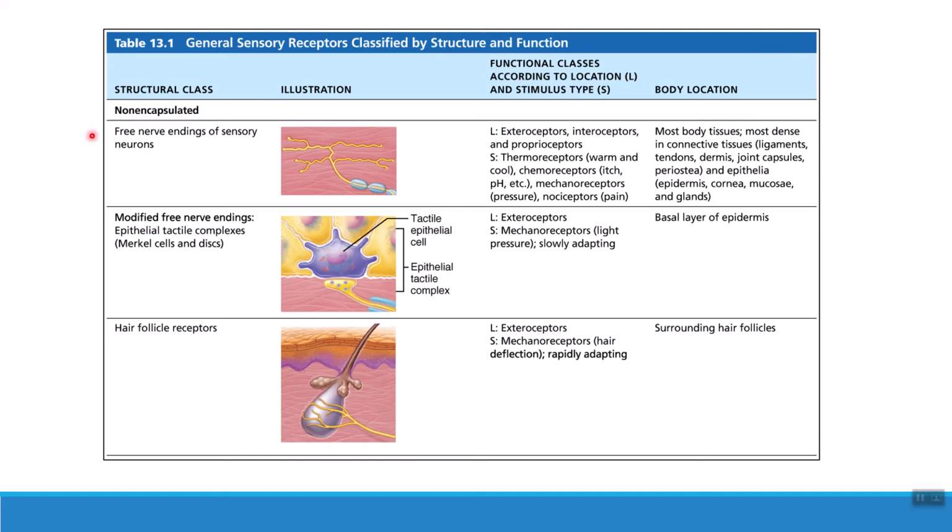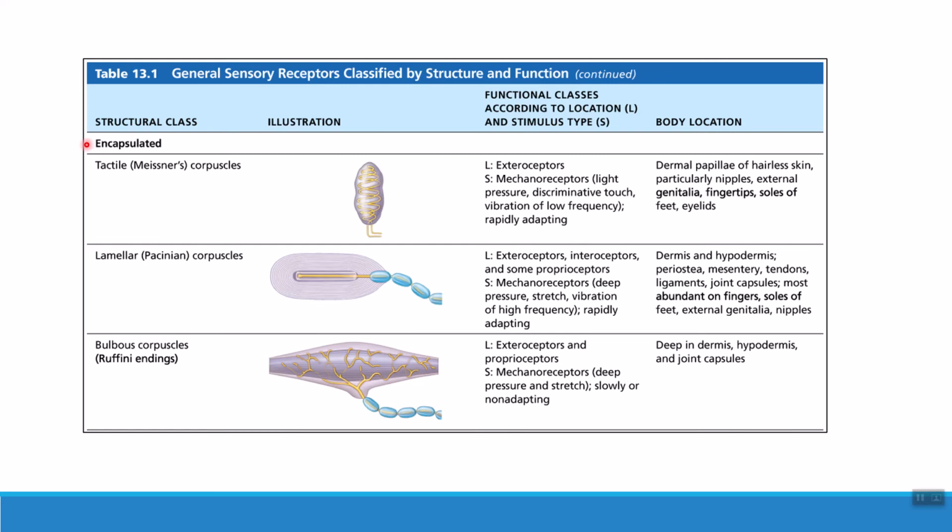So things like free nerve endings, hair follicle receptors: no capsule, nothing wrapping around it. Here are the different kinds of functions that each of these receptors can do. Notice we also have encapsulated receptors as well. These were things like the Meissner's corpuscles, the Pacinian corpuscles. Again, structural classification as well as their functional classification.